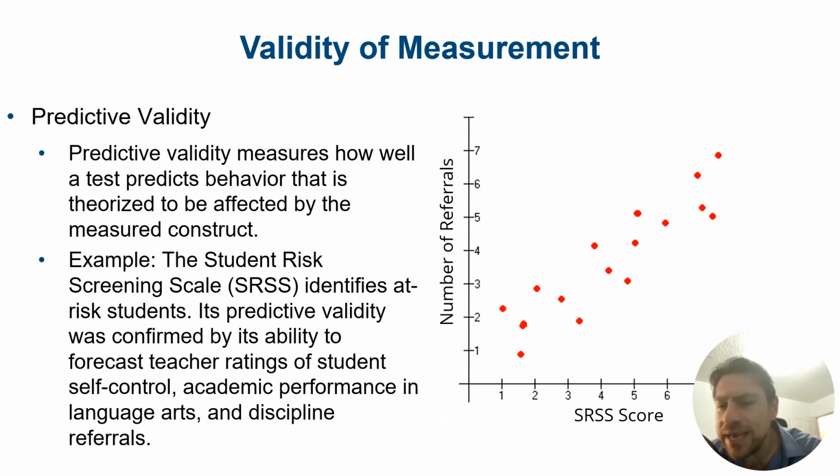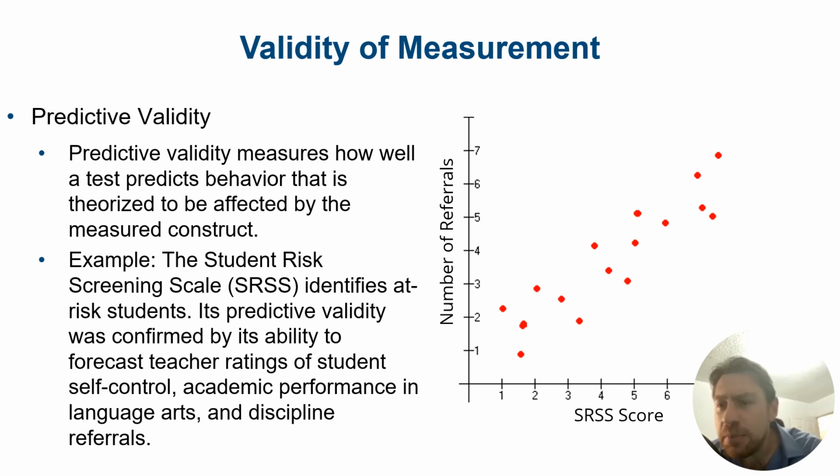All right, so next we have predictive validity, which measures how well a test predicts the specific behaviors that are thought to be related to the measured construct, the behaviors that are thought to be affected by the measured construct.